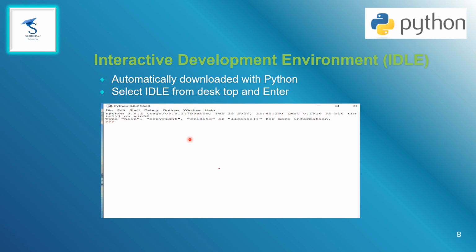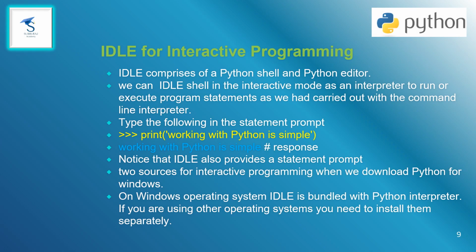We can try the same program of printing a string with the IDLE shell, and you will get the answer. So you can use IDLE for interactive programs. Of course, we really downloaded the IDE for real long programs.